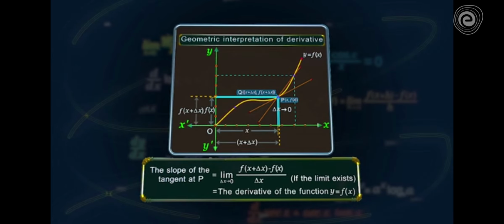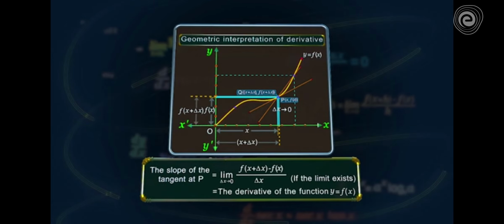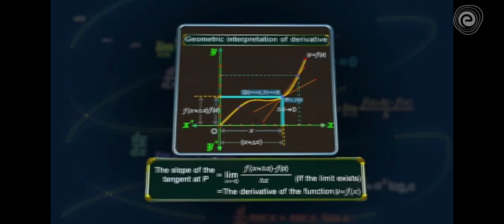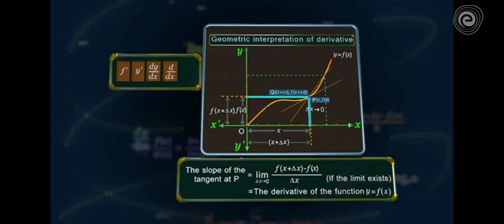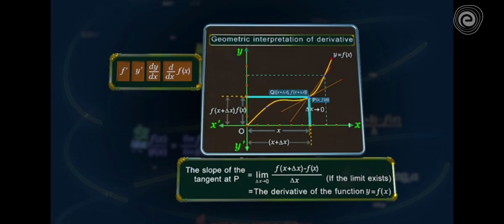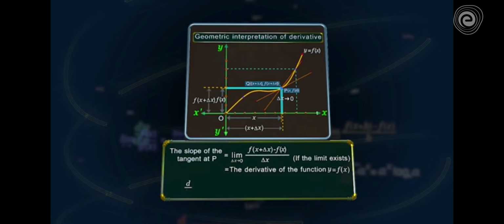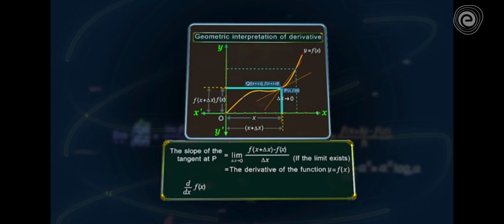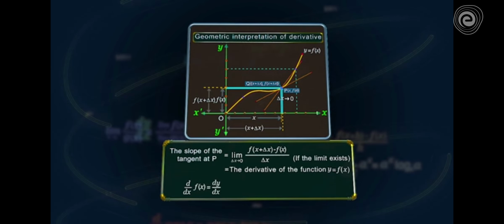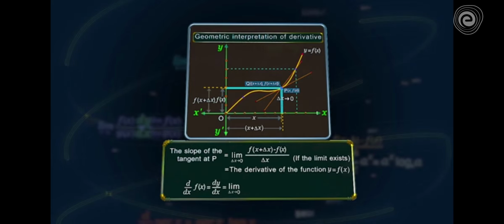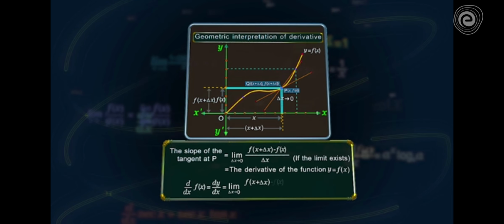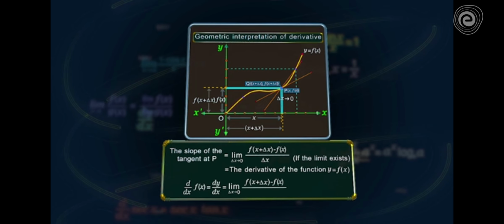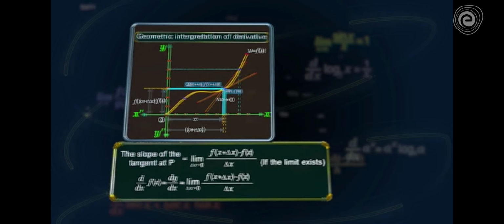This is the derivative of the function y is equal to f of x and is expressed as f prime of x, y prime, dy over dx or d/dx of f of x. Thus the derivative d/dx of f of x is equal to dy over dx is equal to limit delta x tends to 0 of f of x plus delta x minus f of x over delta x.